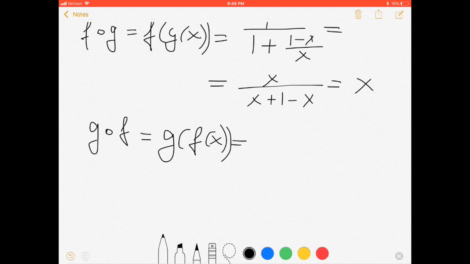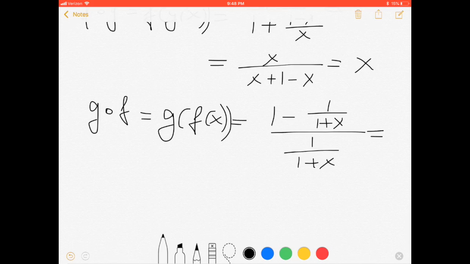It will be 1 minus 1 over (1 plus x), divided by 1 over (1 plus x).